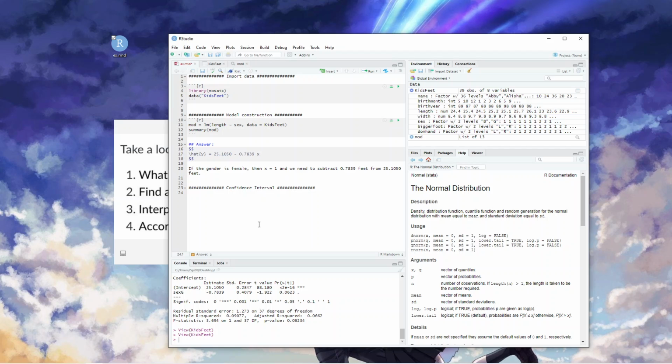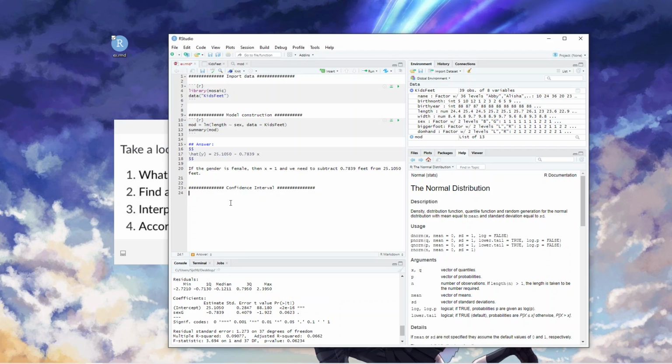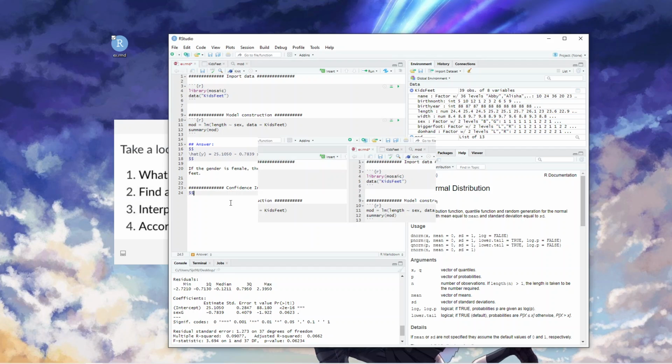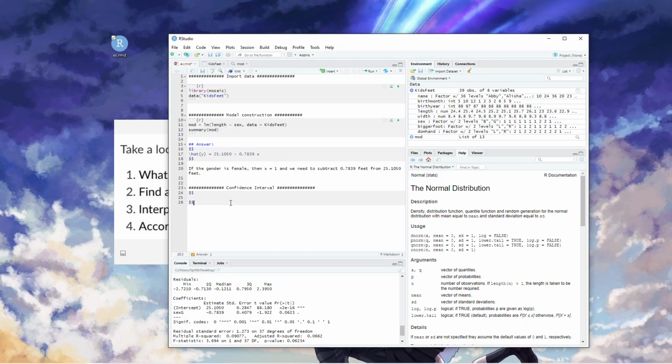Okay. So what we need to do for this one is, remember what a confidence interval for 95% is. Let me give you the answer.